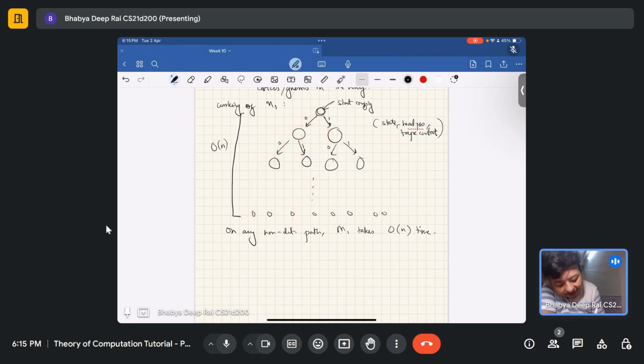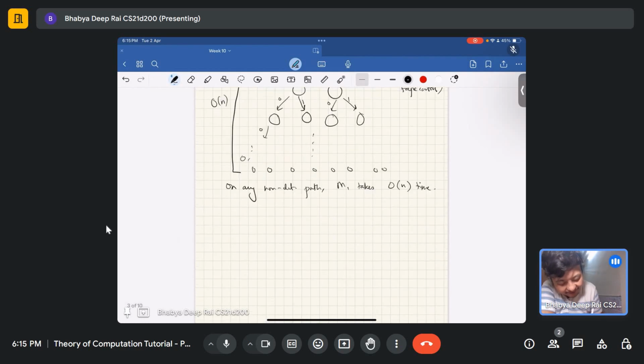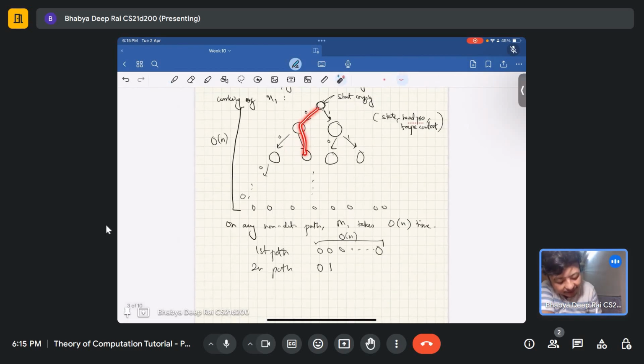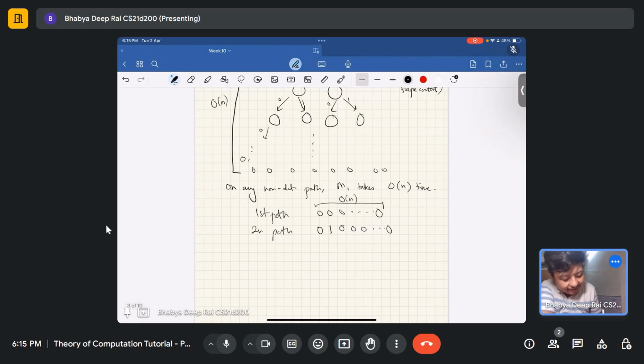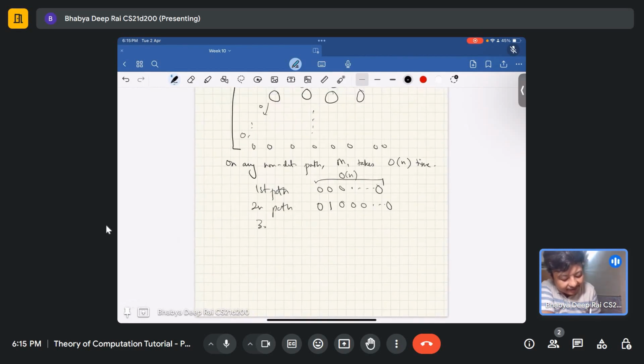So the first path corresponds to all zeros, whose length is order n. The second path is first I take a 0, then I take a 1, then I take all zeros. Similarly, the third path is say 0, 1, then I take a 1, then 0, 0, 0.